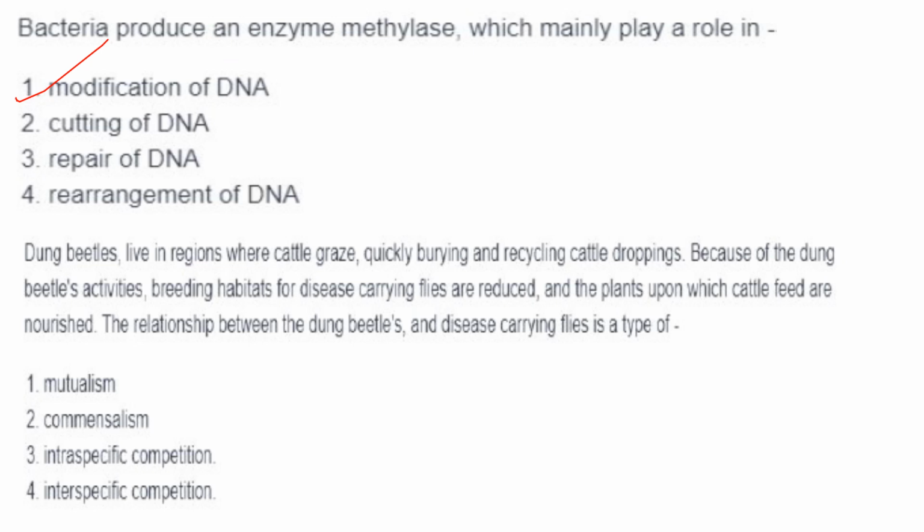The relationship between a dung beetle and disease-carrying flies is. Here the dung beetles are reducing the availability of dung for flies, because these flies need dung for breeding. So it is making the life of the flies harder to survive and breed.